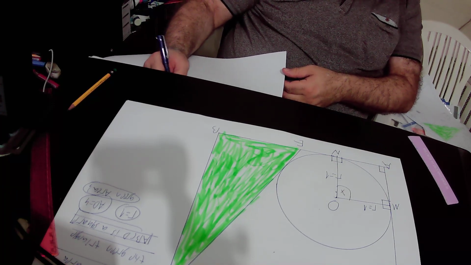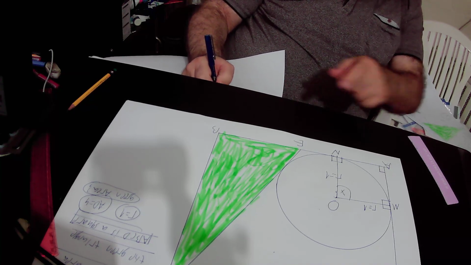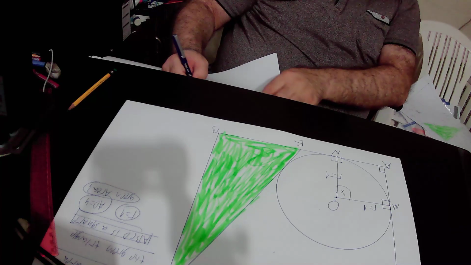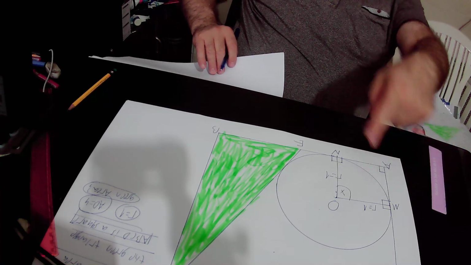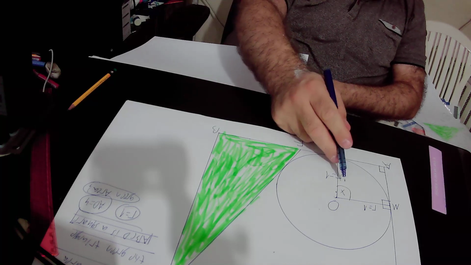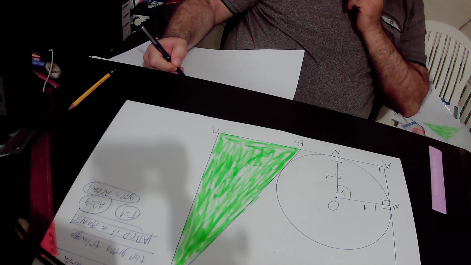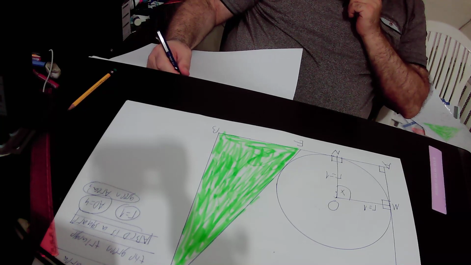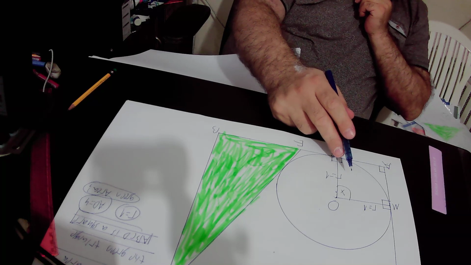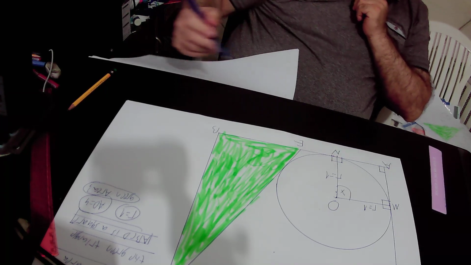In quadrilateral MOAN, this quadrilateral, we have three right angles, and the sum of those three right angles is 270 degrees plus this angle that we define as angle X. So 270 degrees plus the size of angle X is the sum of the angles inside quadrilateral MOAN.